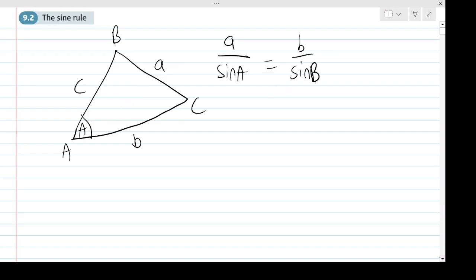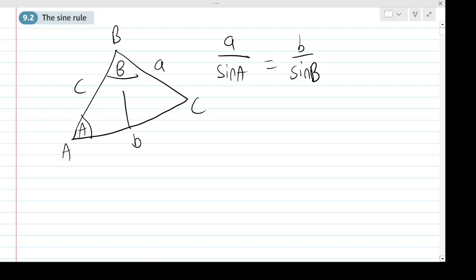So the length b here, and so that would be angle B. So the ratio between two lengths and their angles are equal, essentially. So again, to reiterate, any given length and its opposite angle, that fraction is equal to another fraction of another side and its opposite angle.